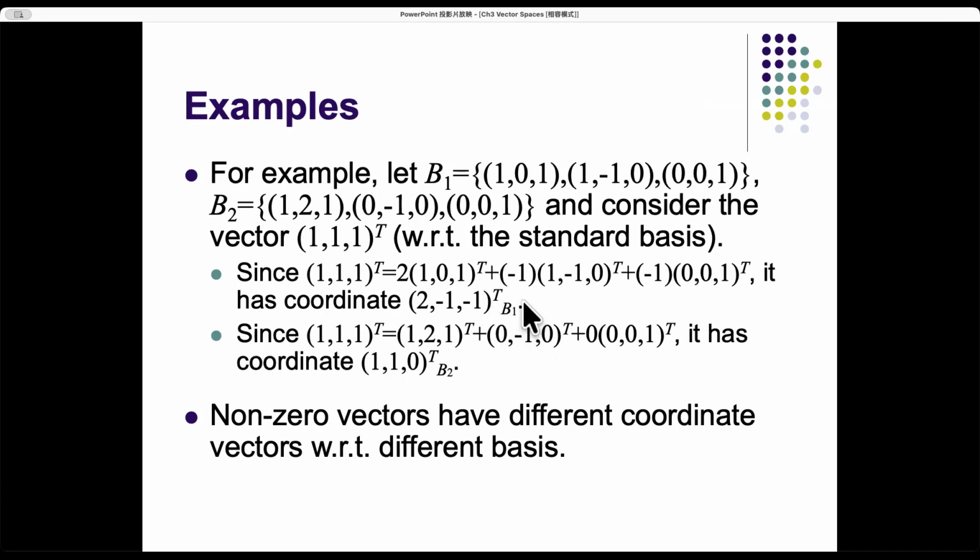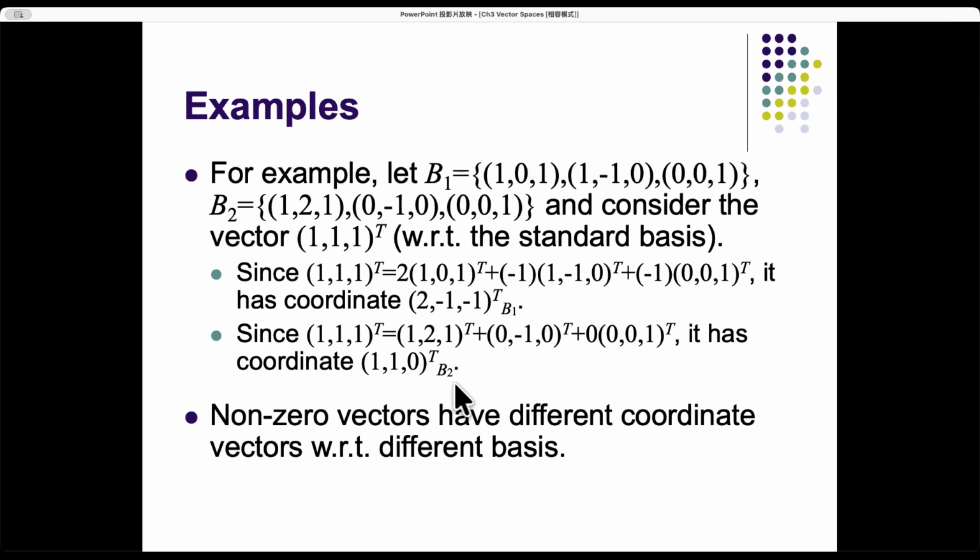You have to put the B1 here; if you don't put B1 here, the answer is wrong. Also, the same vector can be expressed as 1 times (1, 2, 1) plus 1 times (0, -1, 0) plus 0 times (0, 0, 1). So it has another coordinate, (1, 1, 0) with respect to B2.